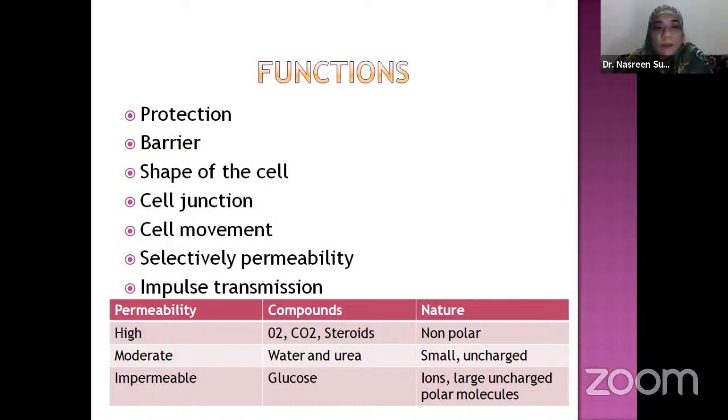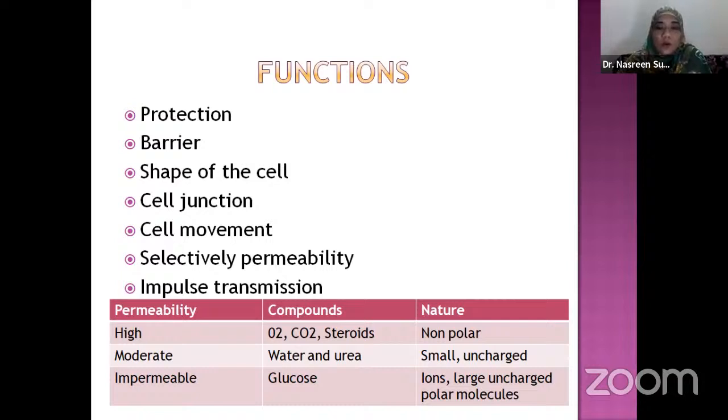And it is selectively permeable. Selectively permeable means it is going to allow only a few compounds to pass through it. That is a very important function of the plasma membrane. If it is not selective, what will happen? If every material can enter into the cell, then it will be harmful and hazardous to the cell, right?